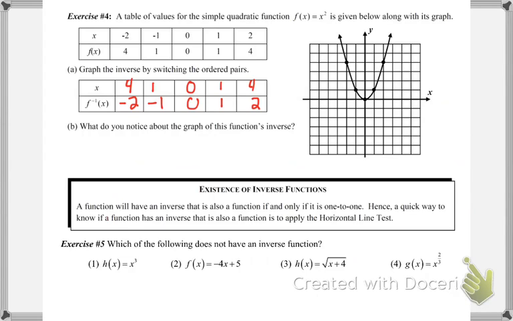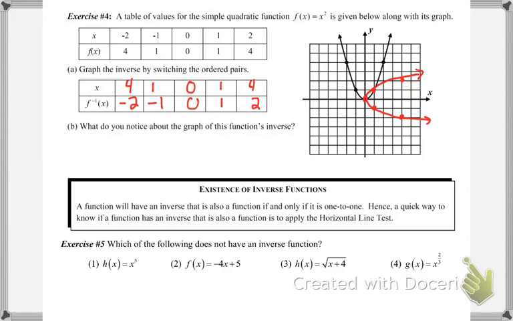So I've got 4, -2, I've got 1, -1, 0, 0, 1, 1, and 4, 2, as best as you can. Okay, so draw your graph.